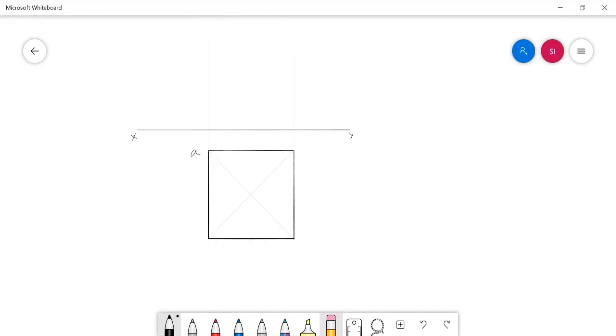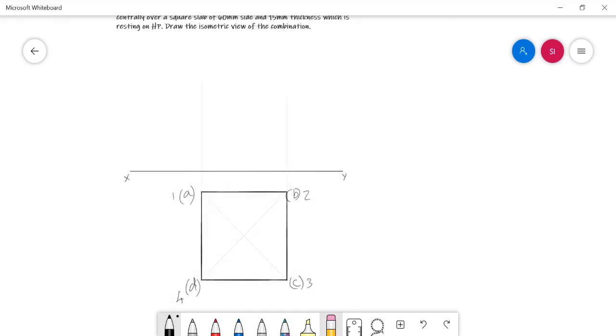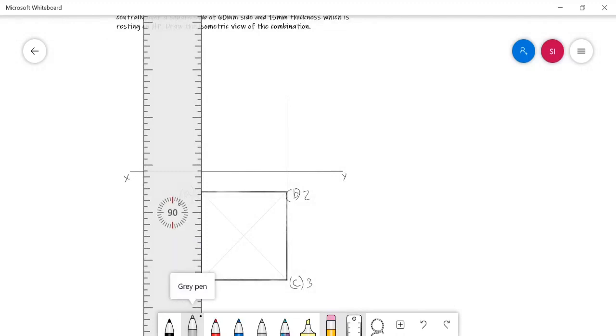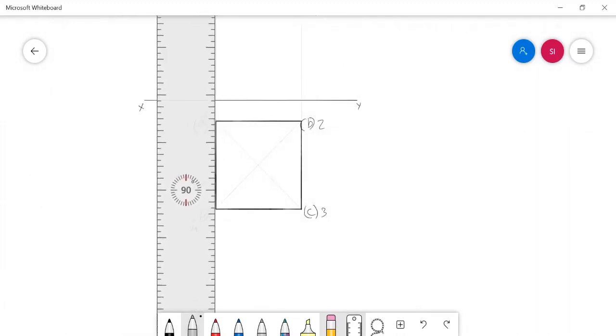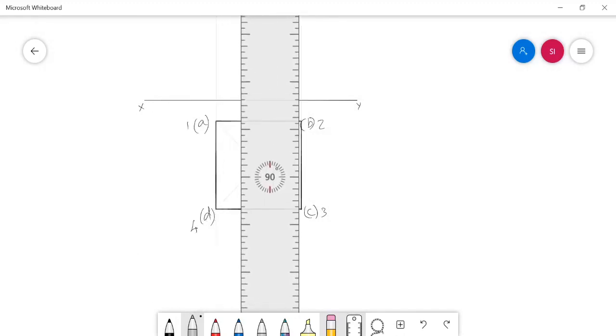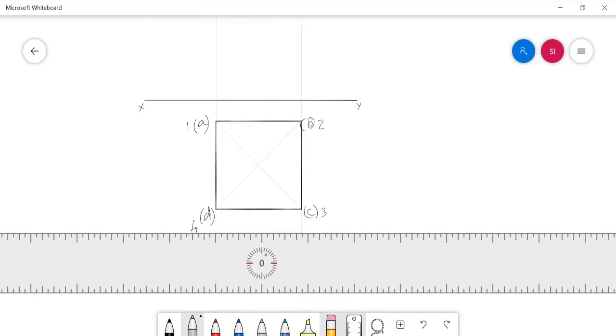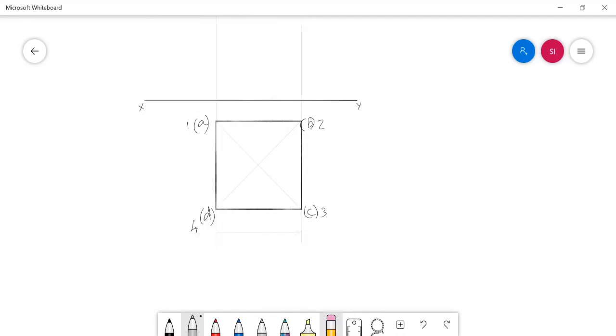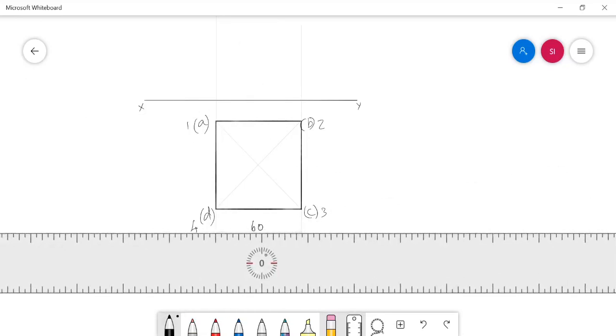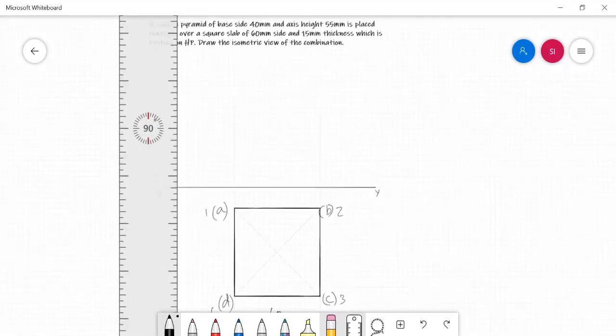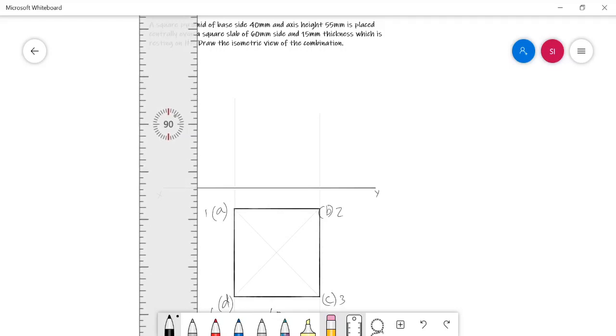Let me mark the names of base and face corners. The height, that is the thickness of the bottom solid, is given as 15 mm.